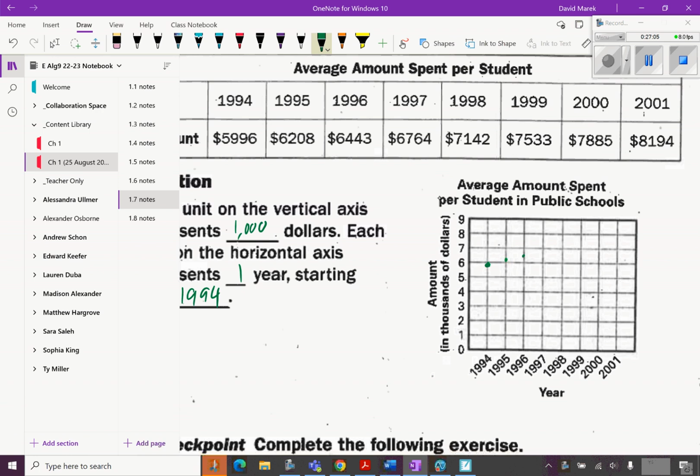That's not even halfway. 67, maybe about there. And then for 1998, it was 7,100, 7,500, 7,800, 8,194.